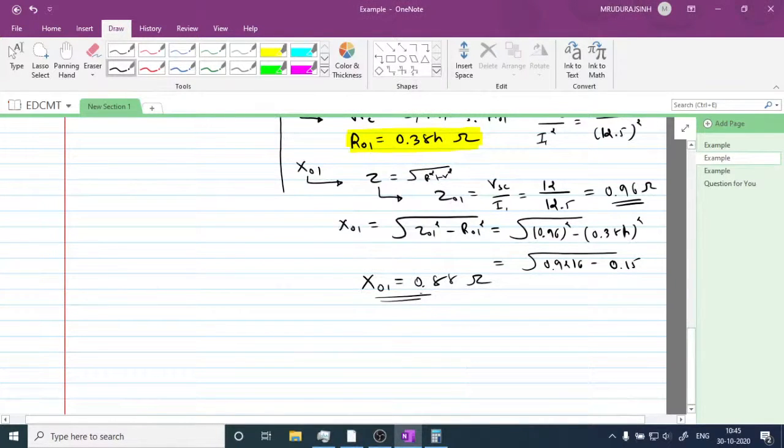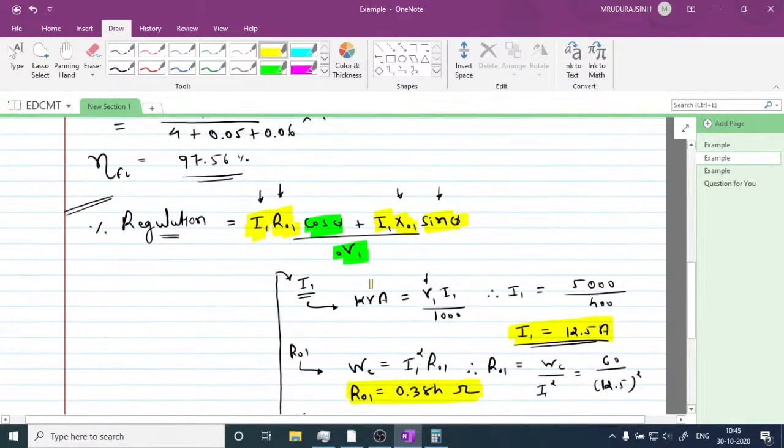So now we know this much of quantity. Now we'll go for sine phi. You all are very much aware that when cos phi is 0.8, sine phi is 0.6.